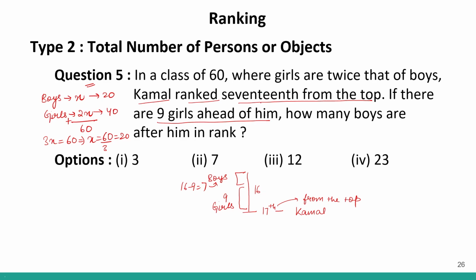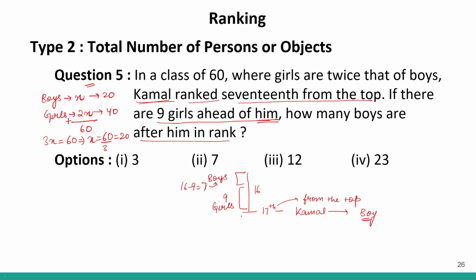And it is given to us that Kamal is a him. So that means Kamal is also a boy. We cannot assume genders in the question until and unless it is specified. So Kamal is also a boy and there are 7 boys ahead of him. We have to find out how many boys are after him in rank.